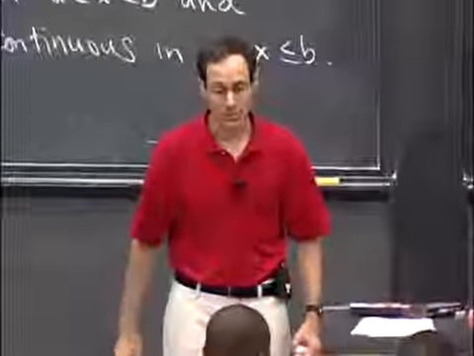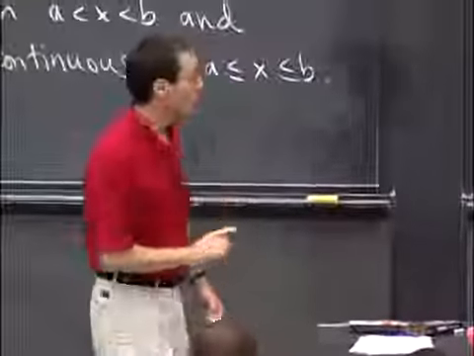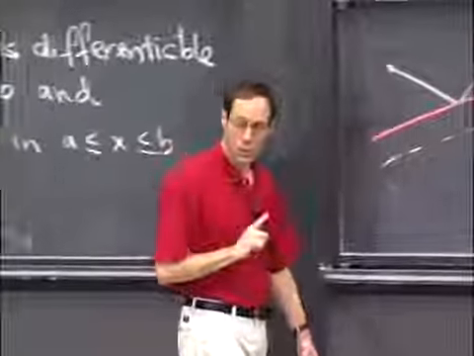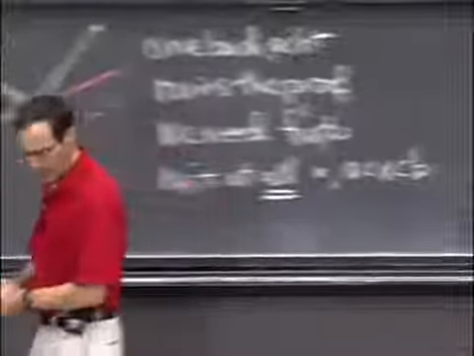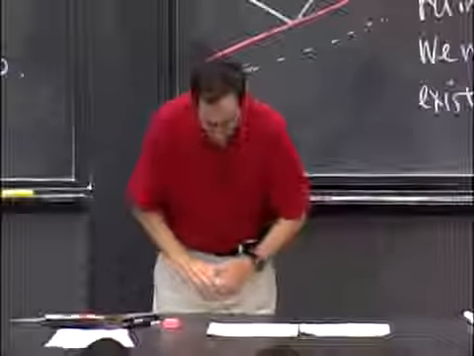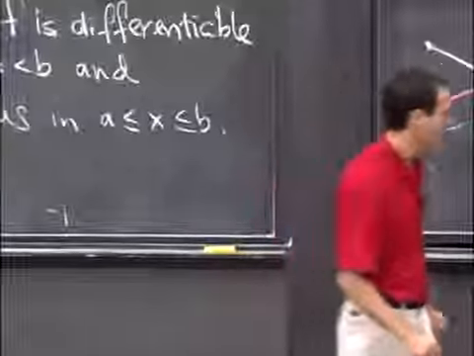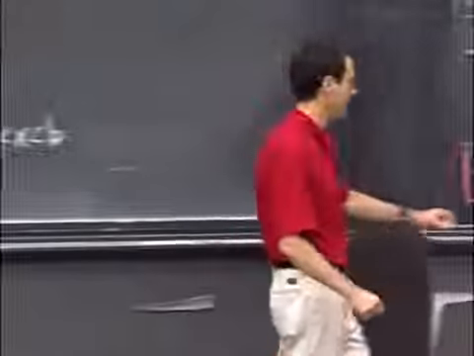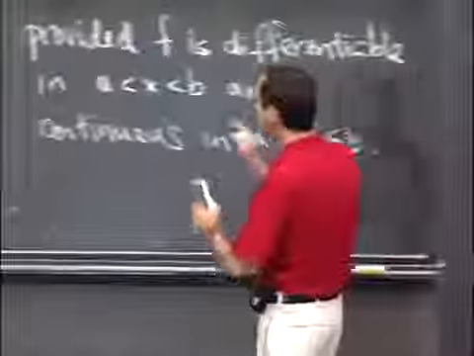Yeah, another question. Pardon me? The question is, what's the difference between this and the linear approximation? And I think, so let me see if I can describe that. I'll leave the theorem on the board.